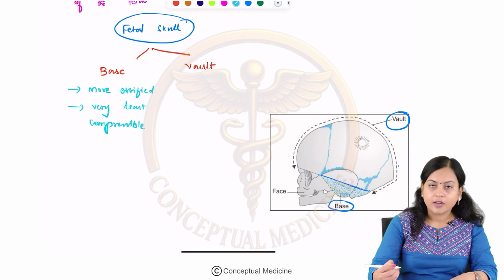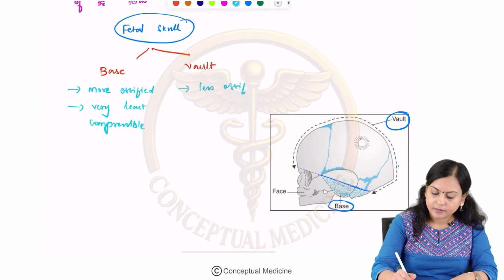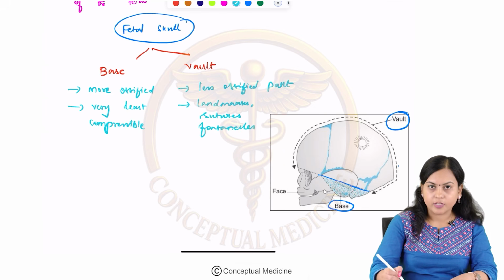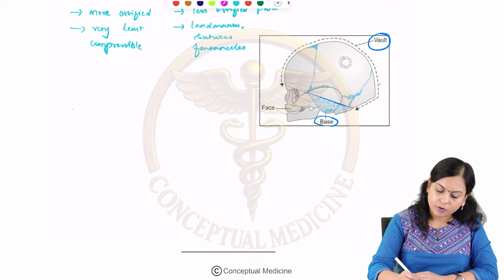And regarding the vault, it is a less ossified part and has various landmarks, sutures and fontanelles. Now we will see how the vault is divided.